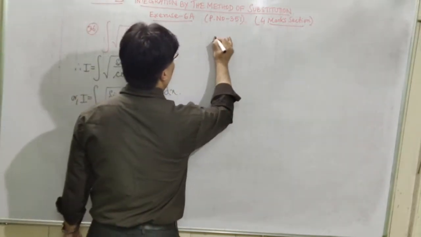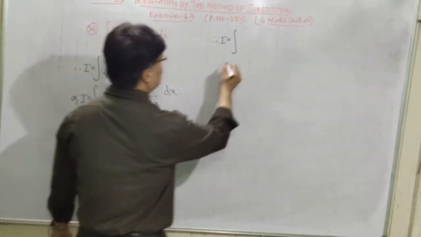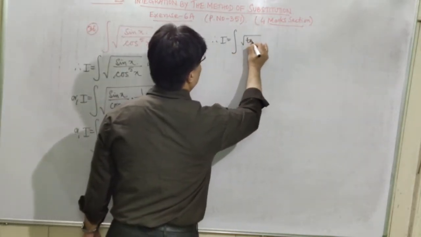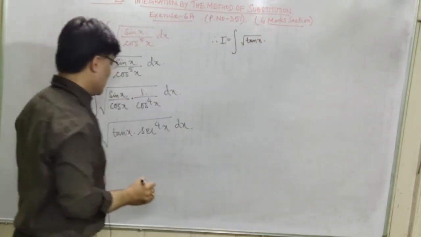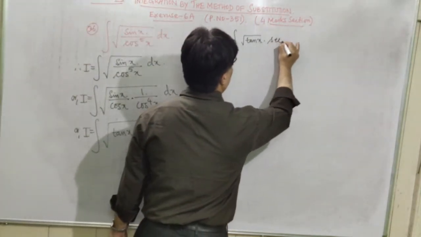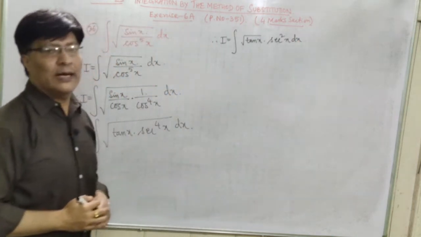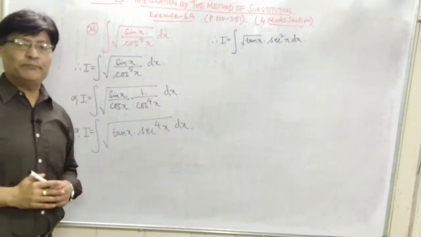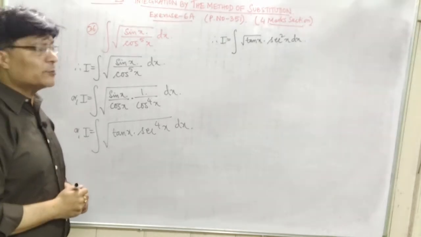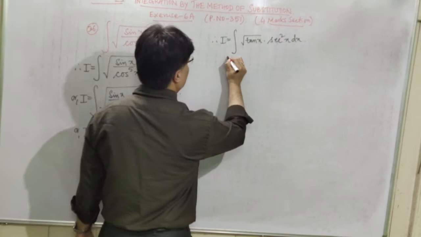So therefore I is equal to integration of root over tan x into sec square x dx. So I think you have understood it. Now let us put z is equal to tan x, because the differentiation of tan x is sec square x.